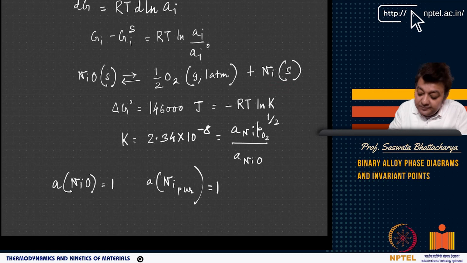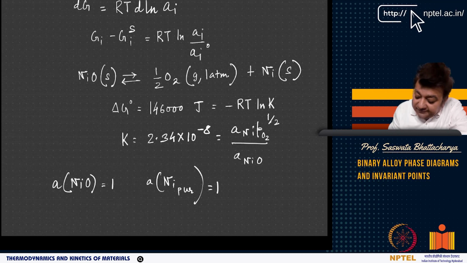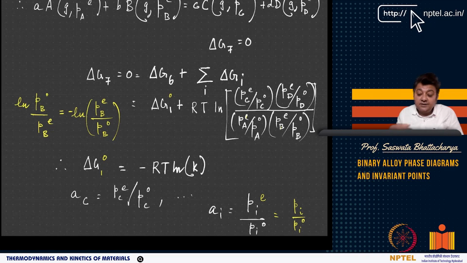So you have the products, and this is the reactant. You have ANI, because it's a solid, and PO2 to the power half. There is a half here, so you can write PO2 to the power half. And you have ANI, the activity of nickel, divided by the activity of nickel oxide.